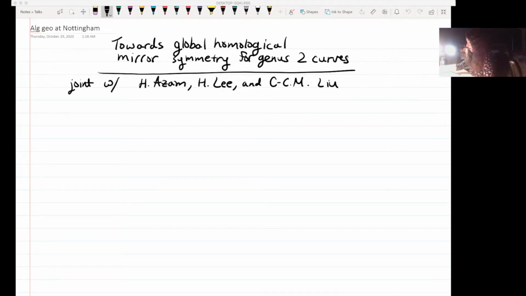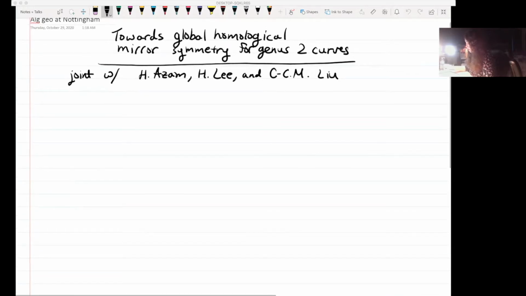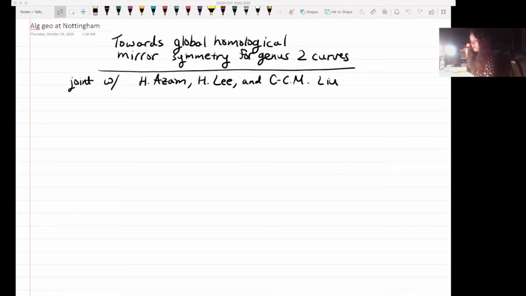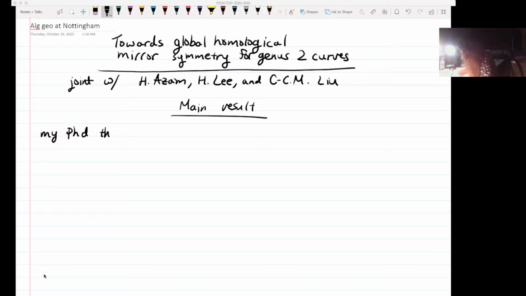So what I'm talking about today is a generalization of a result that I proved in my PhD thesis. The main result from my PhD thesis is the following.